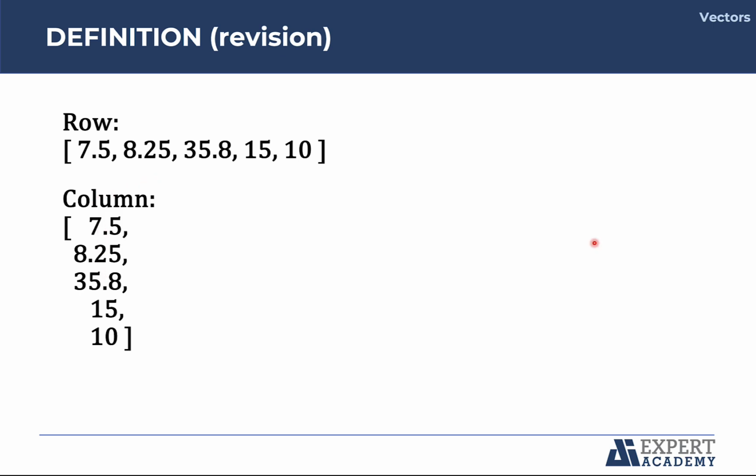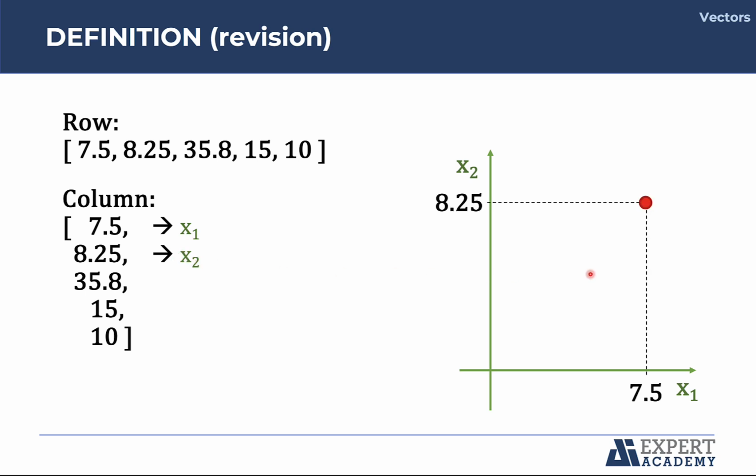They can also be represented as a point in a Cartesian plane. For example, we can select x1 and x2. And this point here represents the vector. Another representation is an arrow.